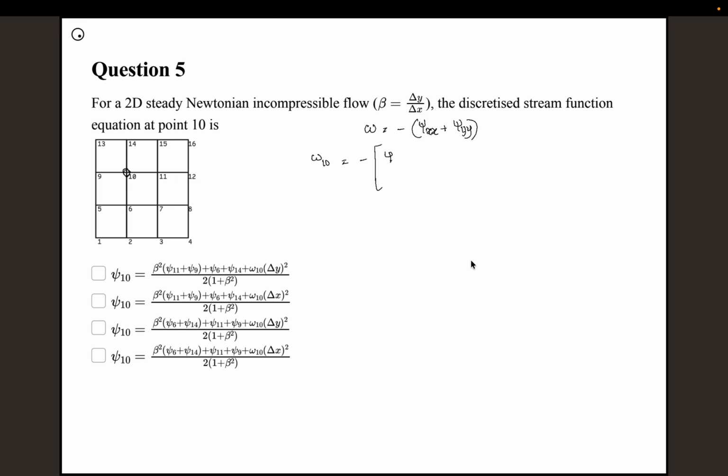This will be east point minus current one plus the west point by delta x square, plus similarly along the north, south and other directions. We have the north point plus the south point.